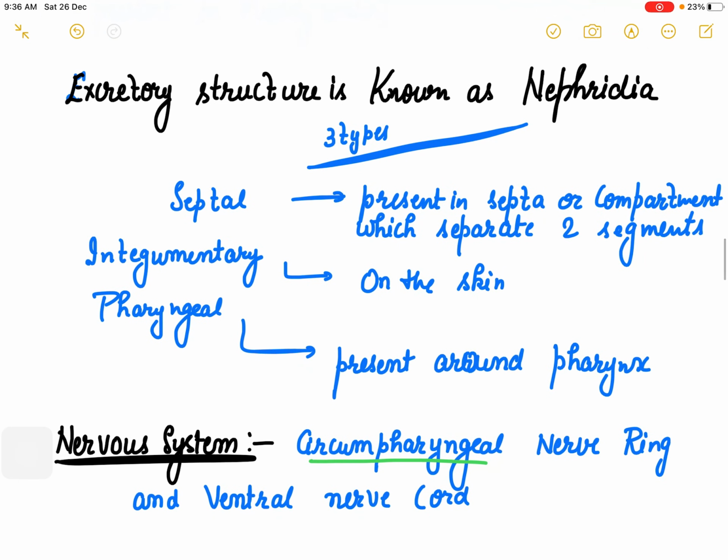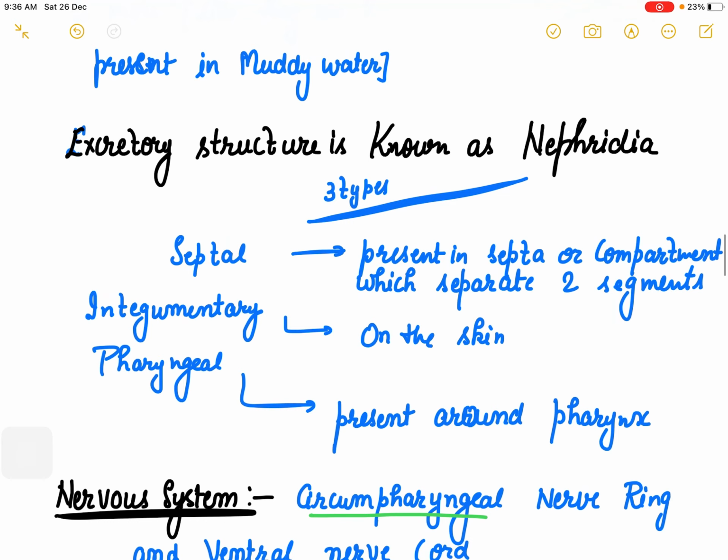The excretory structure here is known as nephridia. So if you are asked to name one special excretory structure observed in Annelida, then that is your nephridia.